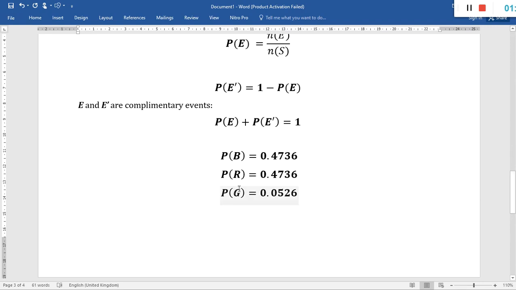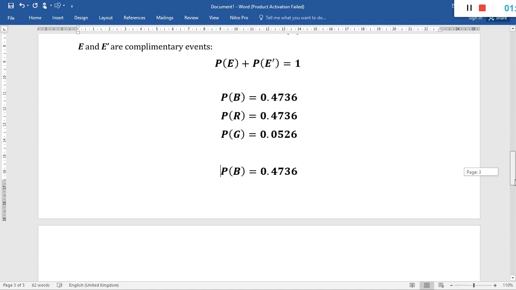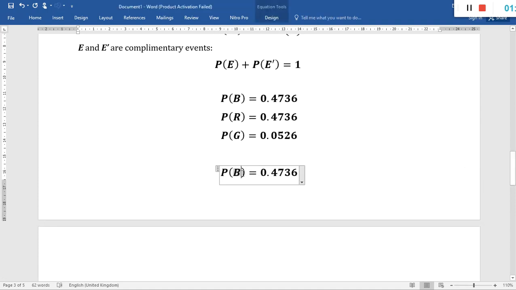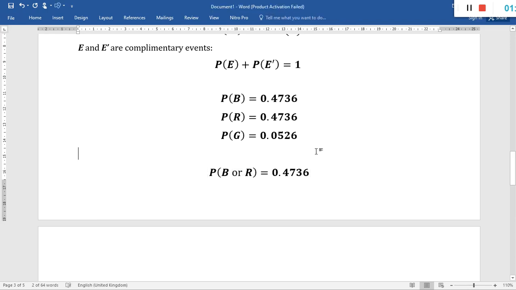All right. Now, if you want to get the probability of getting a black or a red without having to sum these two directly, you do the probability of B or R. Let me put this back. Okay, probability of a black or red.